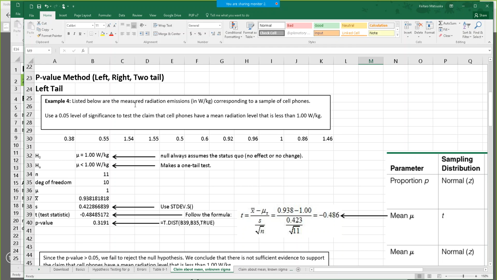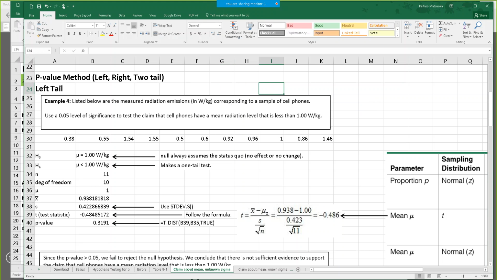Alright, a few things. You know it is a hypothesis testing problem because we're asked to test the claim. I know this is going to be a mean problem because we're looking at the mean radiation. And lastly, I know it's going to be a left tail problem because we're testing the claim that it is less than some number, in this case less than 1 watt per kilogram.